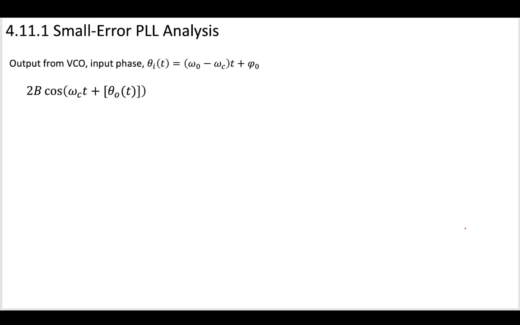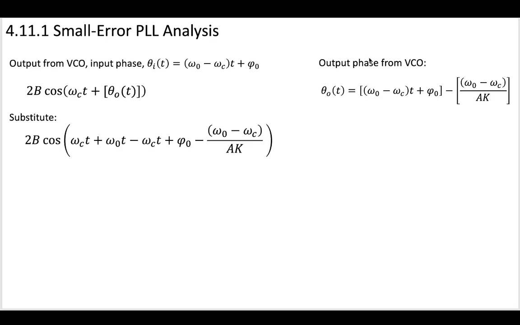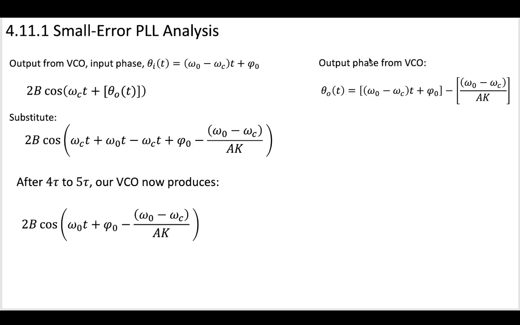And if we now put this in, we have the output phase from the VCO that was rewritten in terms of the input phase and the phase error that we found through inverse Laplace transforms. We can substitute that output phase into here. And then after 4 or 5 tau, we can now say that our VCO produces an oscillating signal that looks like this.